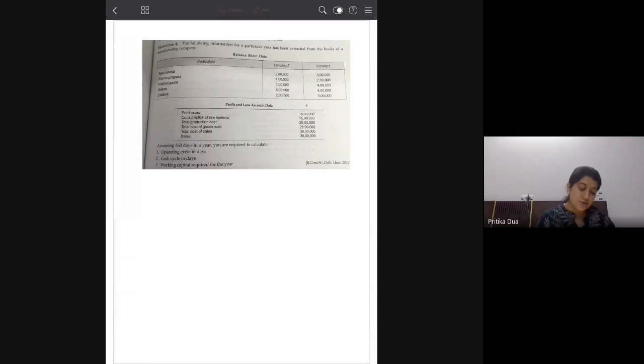Now there's a question on your screens under which you are given the information for a particular year. You are given the opening and closing values for raw material, work in progress, debtors, creditors.